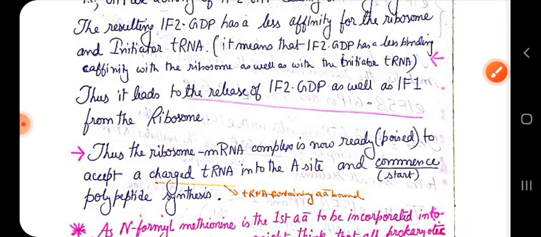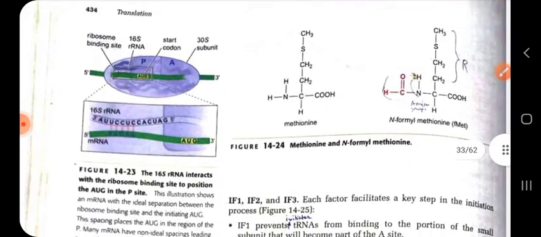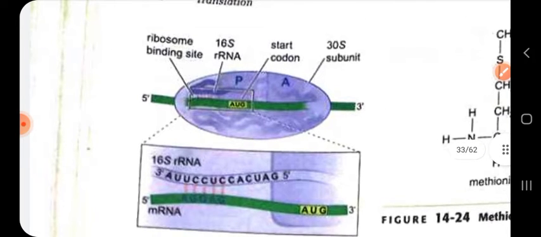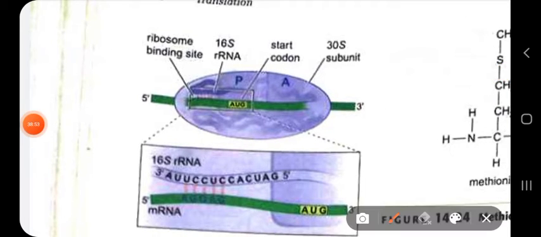If you see the diagrammatic view, we will be able to understand. So this is the interaction that I have described. This is the small ribosomal subunit. It attaches with the large ribosomal subunit.